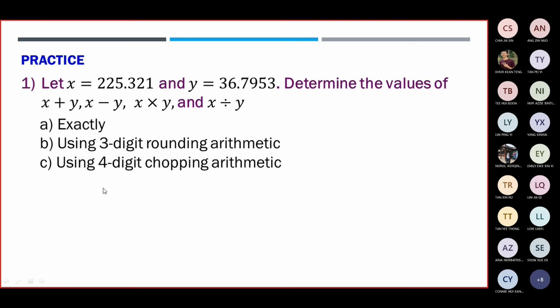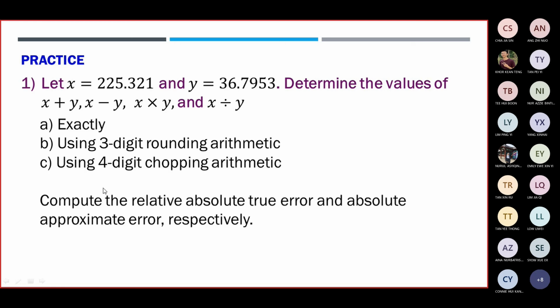Then you need to compute the absolute true error and absolute approximate error respectively. So you look for every solution, and at last you need to find the absolute true error as well as the absolute approximate error. This is your homework.